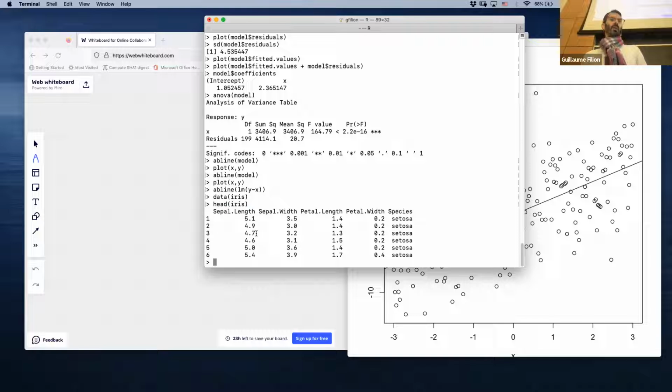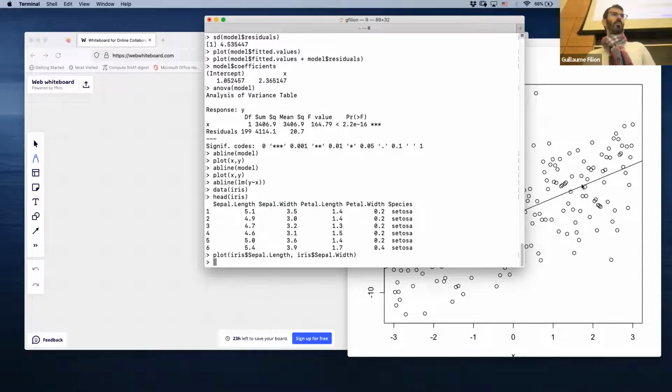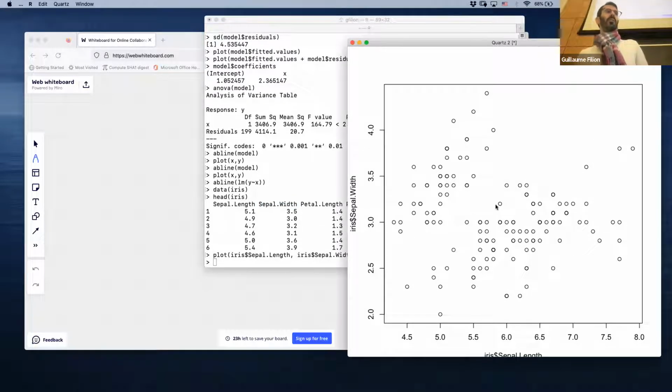And here I'm going to do the very obvious, which is to plot the sepal length versus the sepal width, the first 2 columns, and I will use that to make a point. So here we go. I'm saying x is the sepal length and y is the sepal width. So we got the points here.